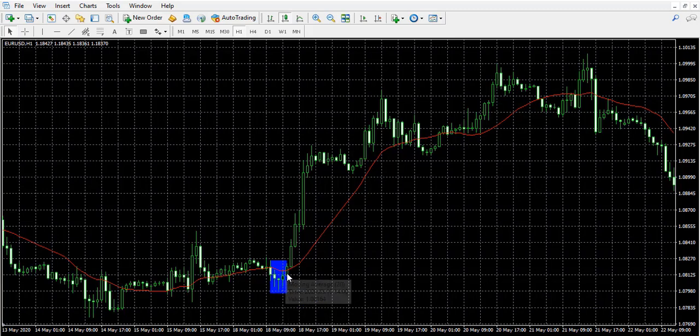And on these bullish candlesticks, as you can see, the SMA runs across them, giving us another bullish entry sign that this market is actually moving to the upside.